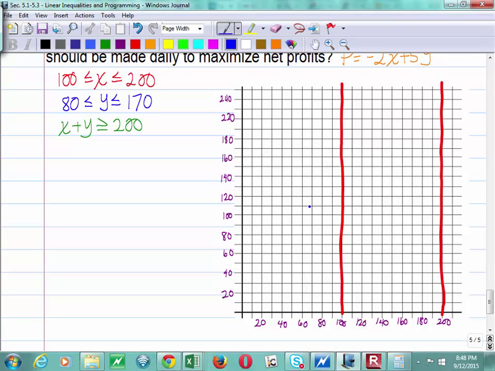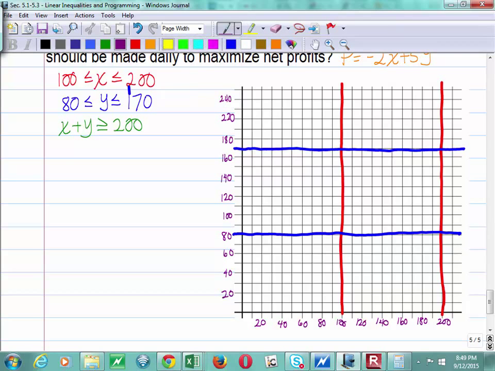And similarly, y has to be between 80 and 170, so I got a horizontal line at 80 and a horizontal line at 170. Okay, so I got that box there, and my feasible set has to be inside that box.